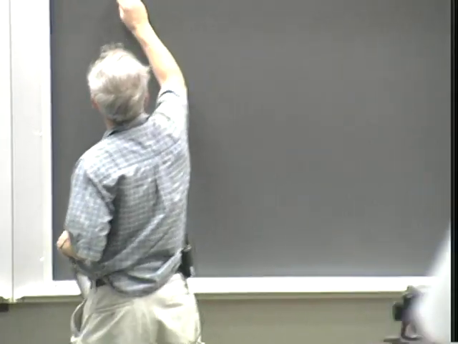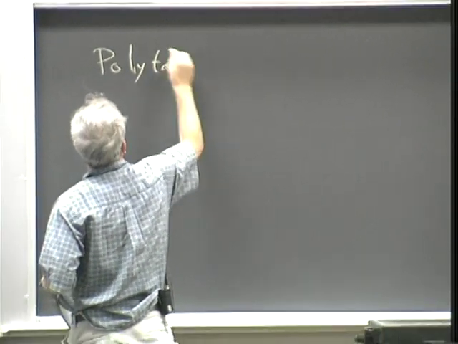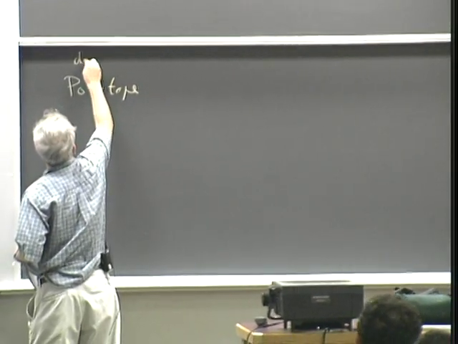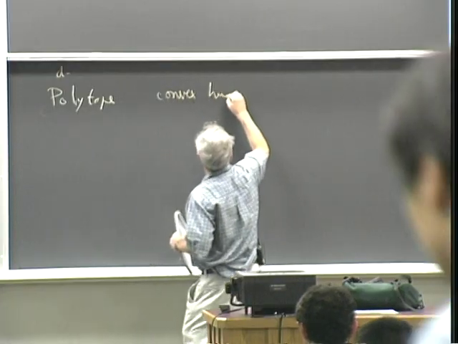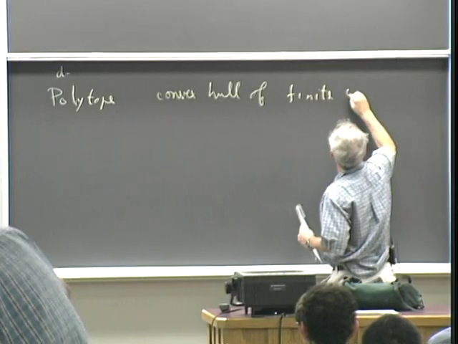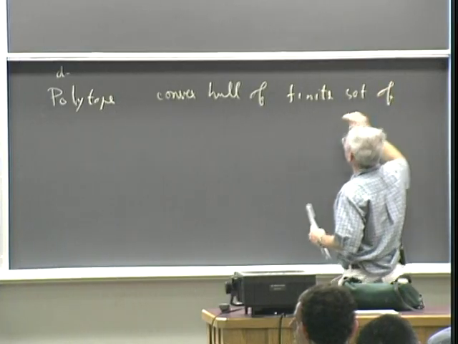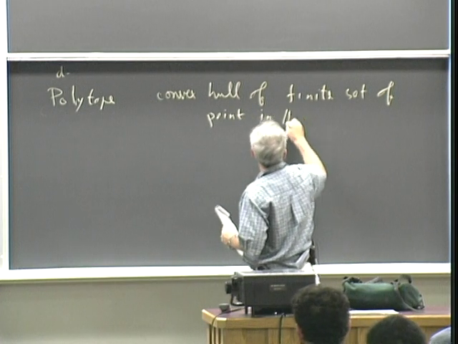So a polytope, or a d-dimensional d-polytope, which is short for d-dimensional polytope, is the convex hull of a finite set of points in R^d.